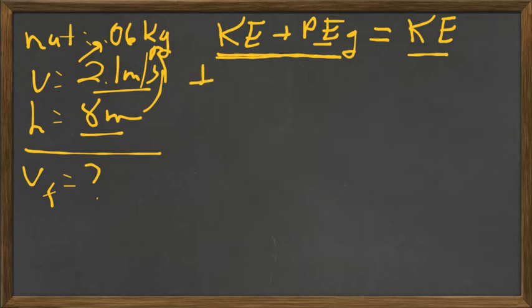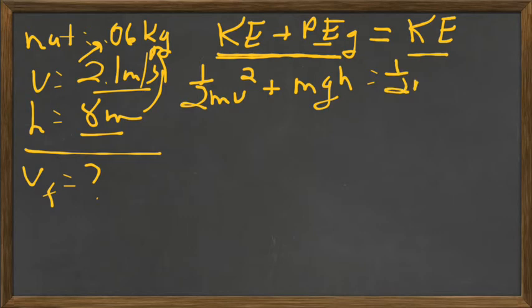Well, kinetic energy would be 1/2 mv squared, gravitational potential mgh, and kinetic energy 1/2 mv squared. Now we can assign those velocities little subscripts of initial and final. And I can go ahead and start putting in my information. 1/2, 0.06.